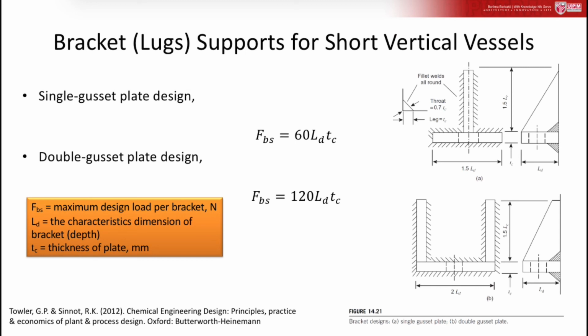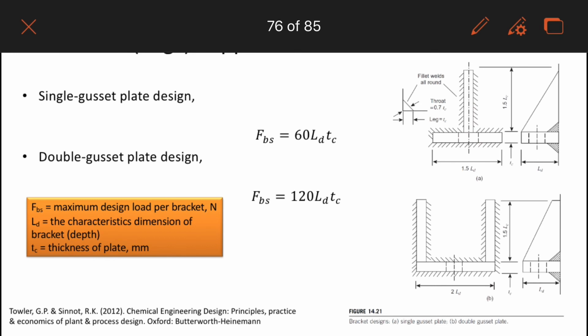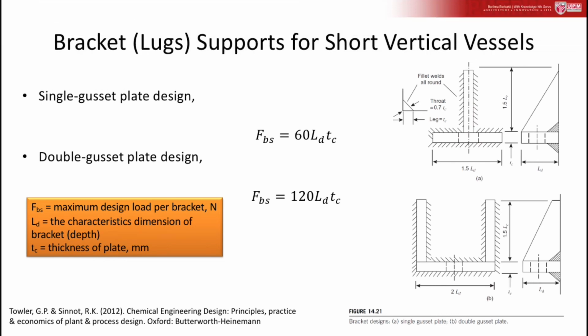This drawing shows an example of bracket designs. There are two examples here: one with a single gusset plate, and the other with a double gusset plate.